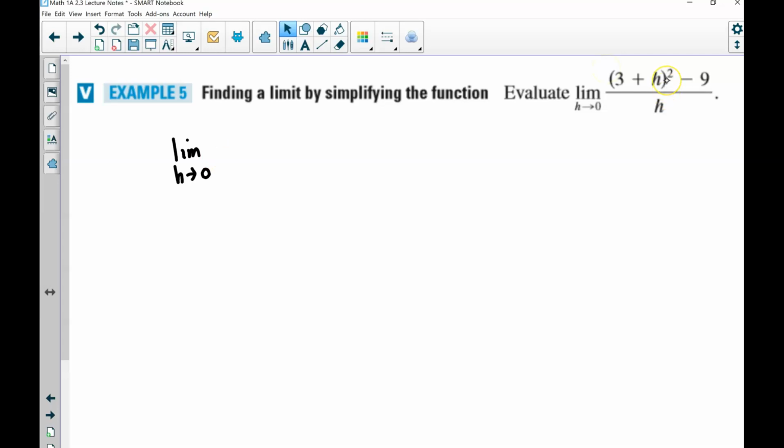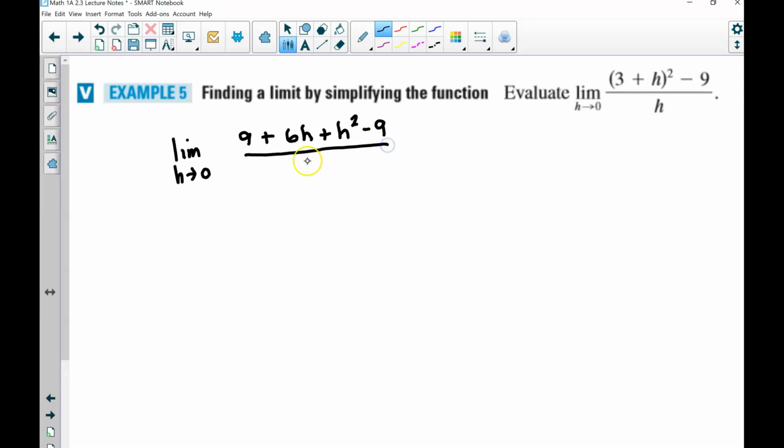So (3 plus h) squared is the same thing as 9 plus 6h plus h squared, minus 9, all over h.